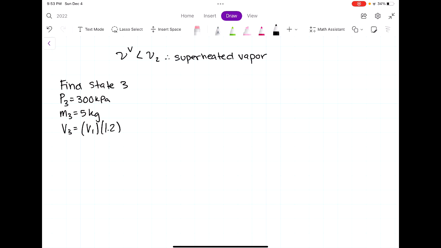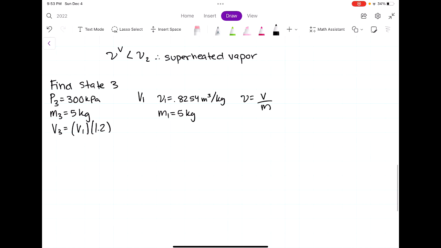We can find the volume of 1 because we have that the specific volume at state 1 is 0.8254 meters cubed per kilogram. And we know that the mass in state 1 is 5 kilograms, right? Since specific volume is equal to the volume divided by mass. So volume is equal to specific volume times mass.